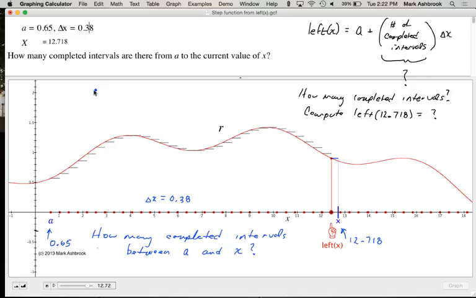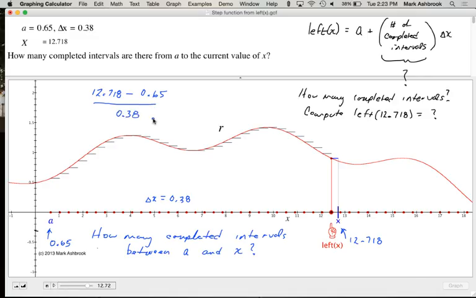So this 12.718 minus 0.65, what does the answer to that represent? Good, well said. That's the whole change in x from a to x, the whole distance across from a to x. And then you wanted to divide by delta x. What does that do?